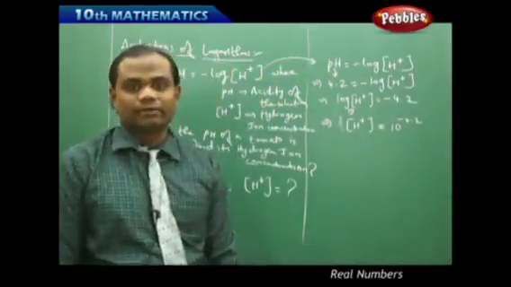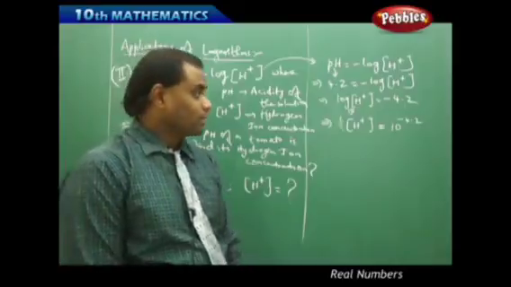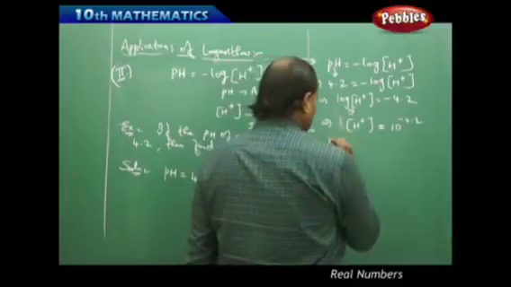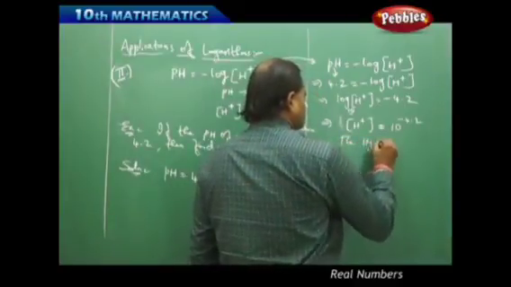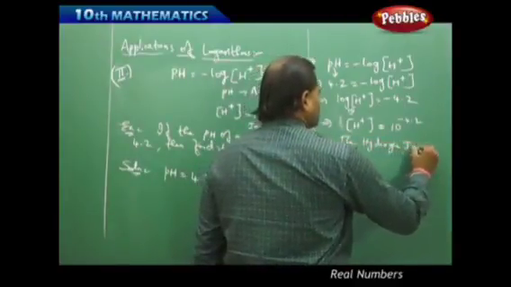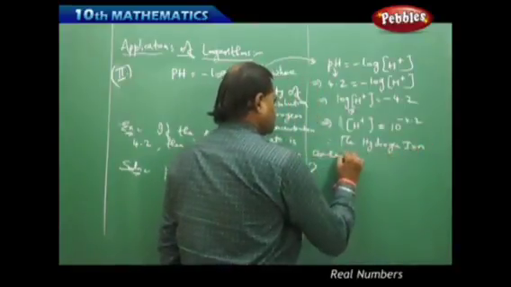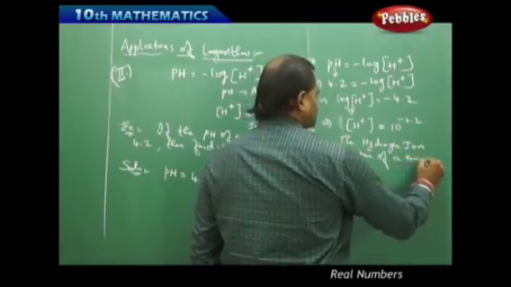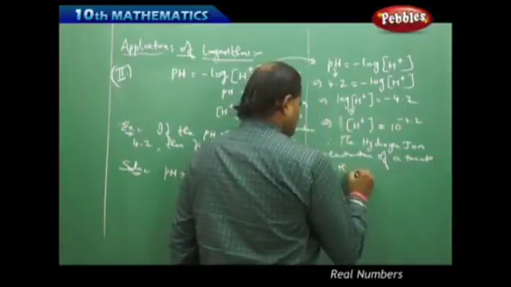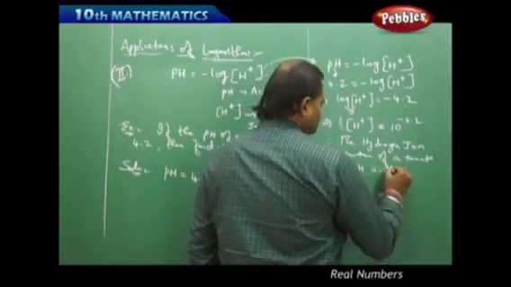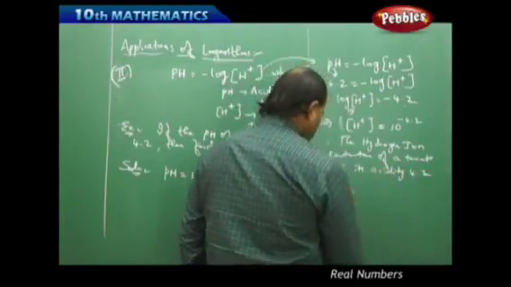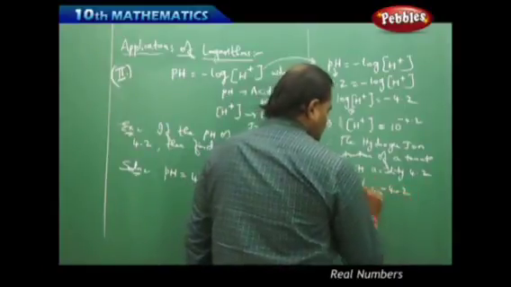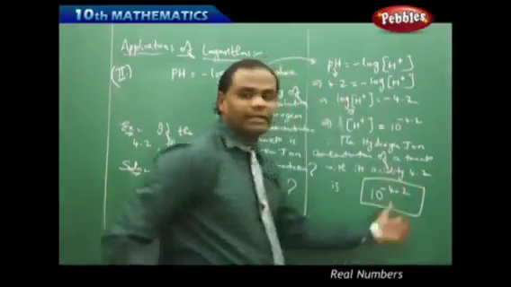This is the hydrogen ion concentration, which can be calculated using a calculator. So the hydrogen ion concentration of a tomato with acidity 4.2 is 10 power minus 4.2, as can be calculated using a calculator.